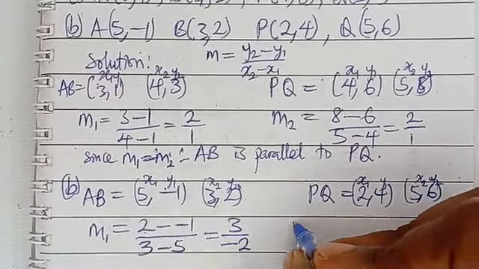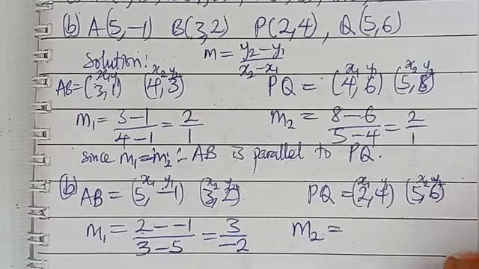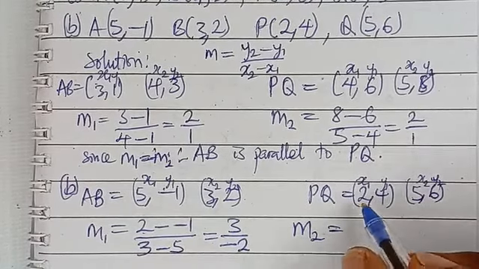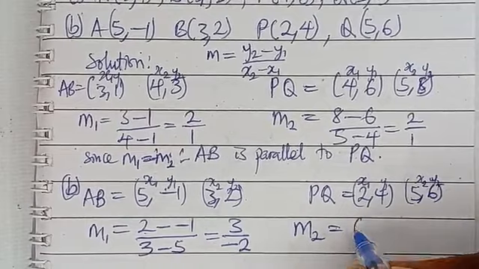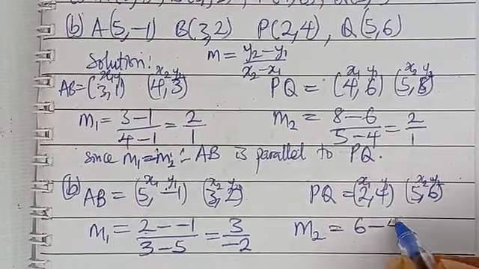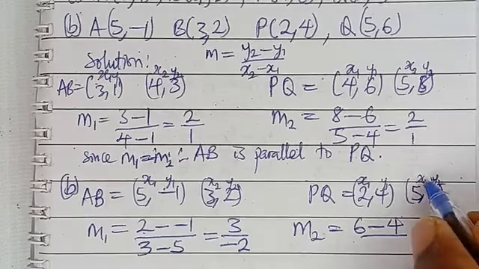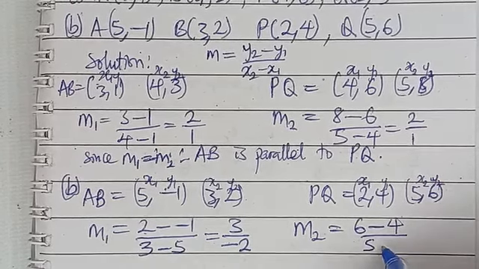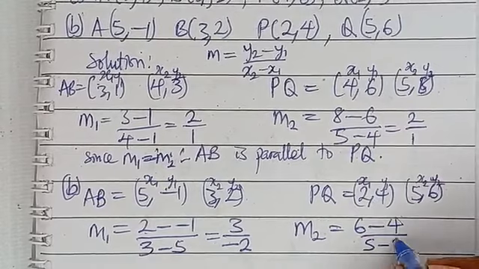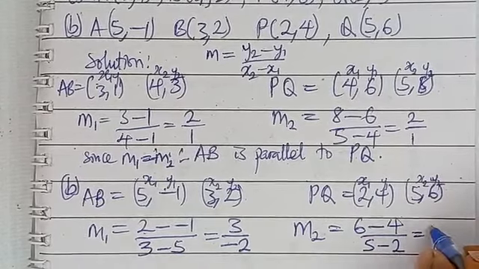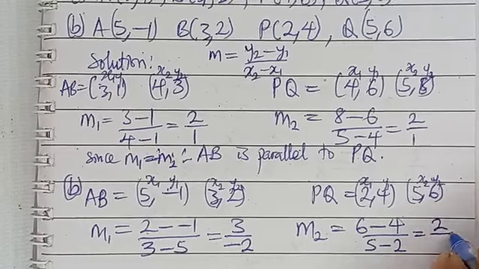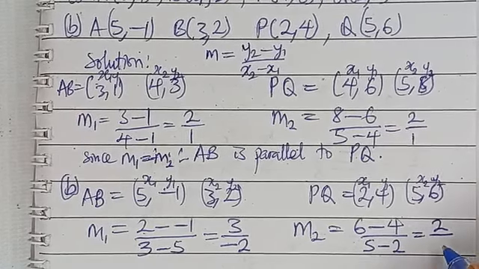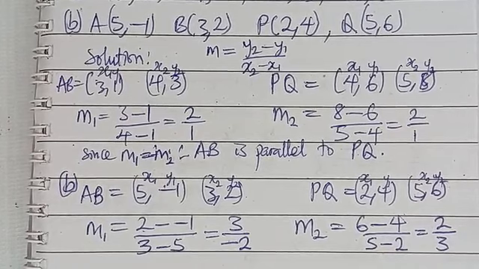So let's keep that aside. We have that m2 is equal to y2, which is 6, minus y1, which is 4, over x2, which is 5, minus x1, which is 2. 6 minus 4 is 2. 5 minus 2 is 3.